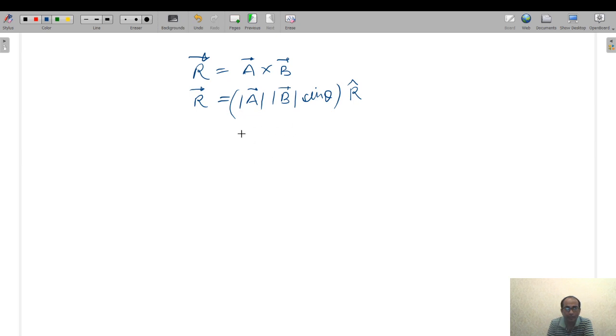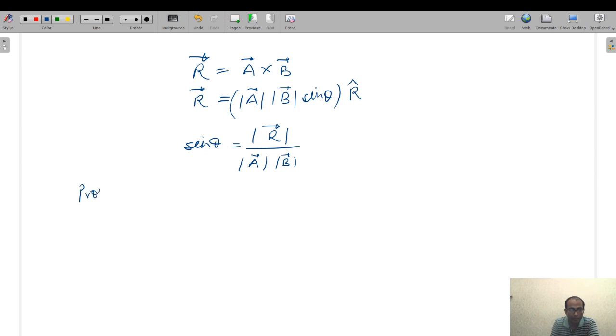If you have to find the angle between these vectors, to find the angle we use the cos theta formula from the dot product. We can find it from here also, provided you know that for R cap in terms of vectors we cannot define this division, right? So sin theta here, if you want to find it, we have to put the magnitude of R on top and the magnitude of A and B below. But still we prefer to use the dot product, scalar product, in order to find the angle between the two vectors, okay?